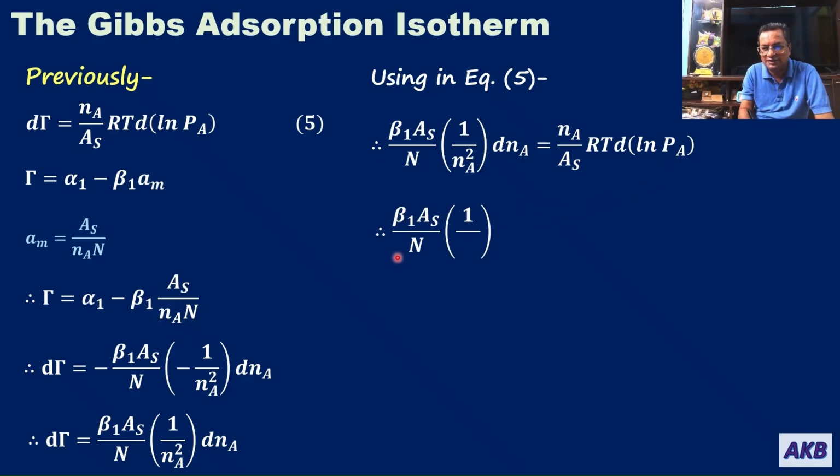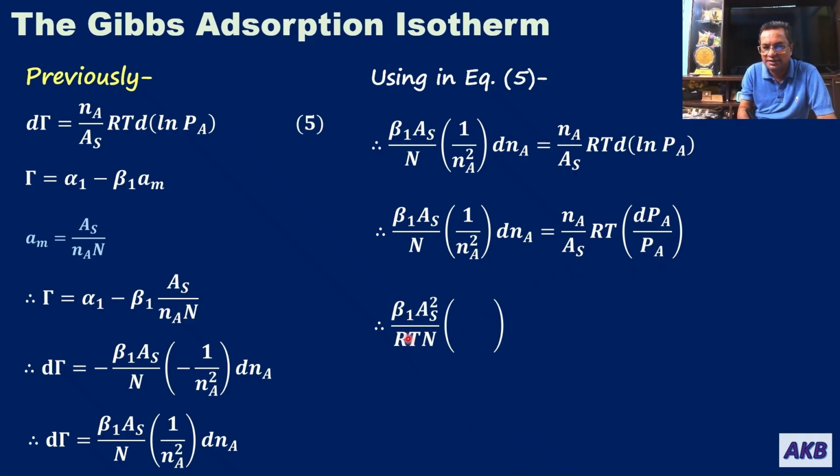We are going to use that. So that is equal to Na upon As into RT, and the differentiation of ln of Pa is 1 upon Pa into dPa, that is dPa upon Pa. I hope you are understanding this.